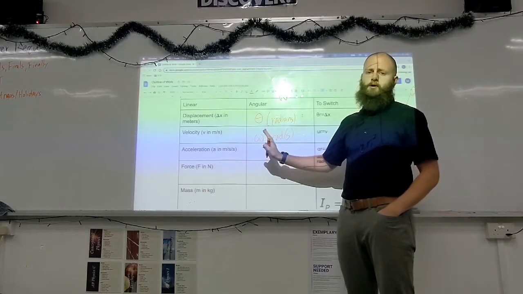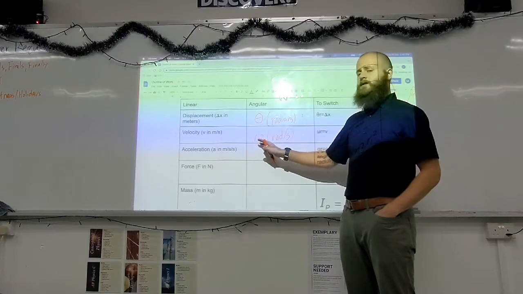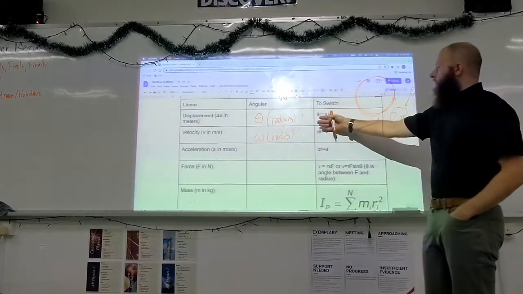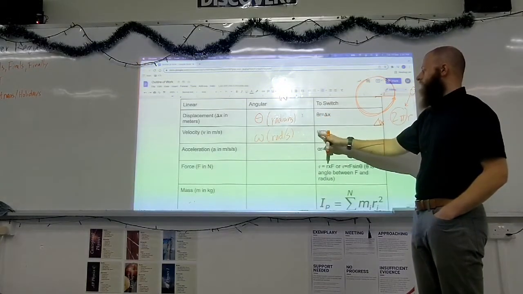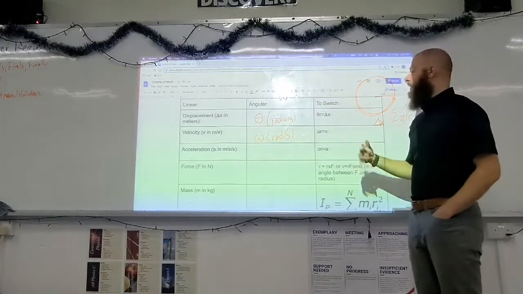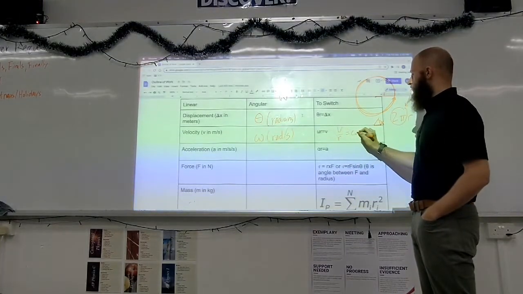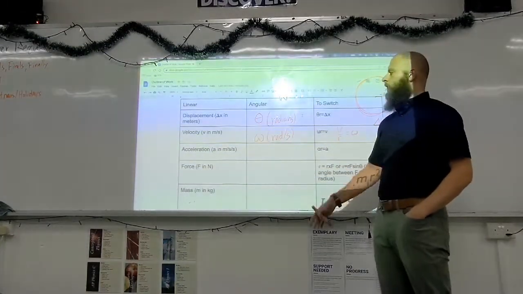Make sure you call this either omega or angular velocity. Don't say W because that's not the right term. Same thing here. Since we have theta r equals delta x, we have omega r equals v. You could also change this, so you could have v over r equals omega. Either one is correct. It's just a changing of variables.